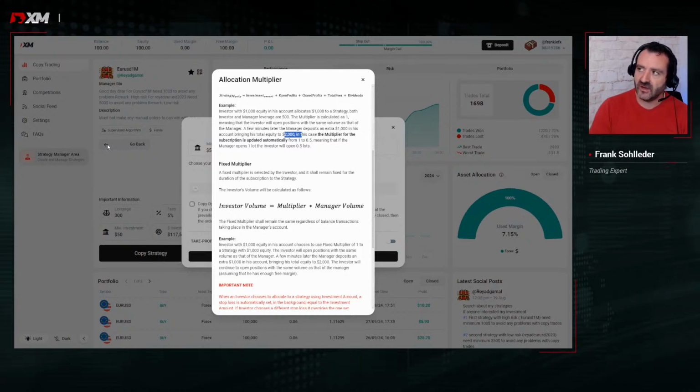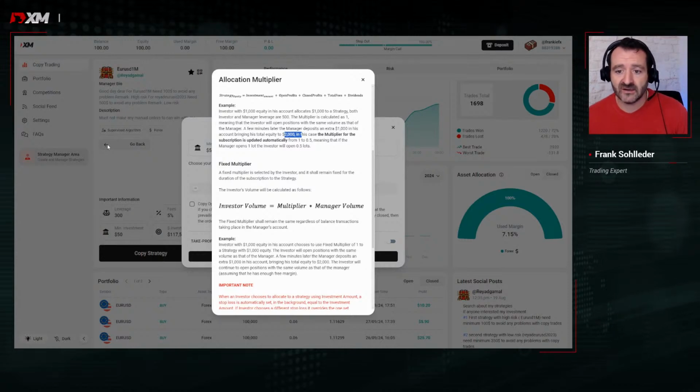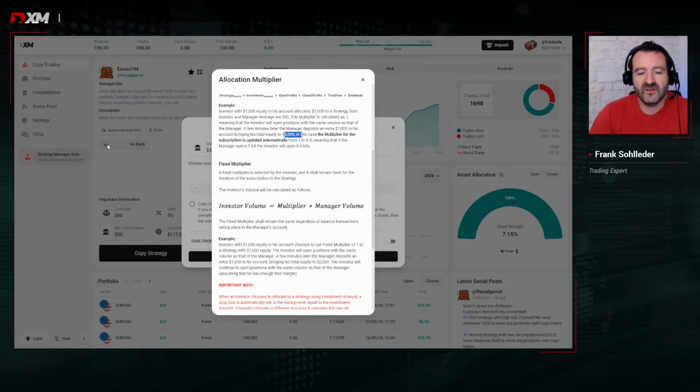So if he trades 1 lot, times 0.5 is half a lot, right? So for my account right now, if he trades 0.1 lot, he's trading it with 0.05 positions on my side, right? That's exactly what's going to happen here.